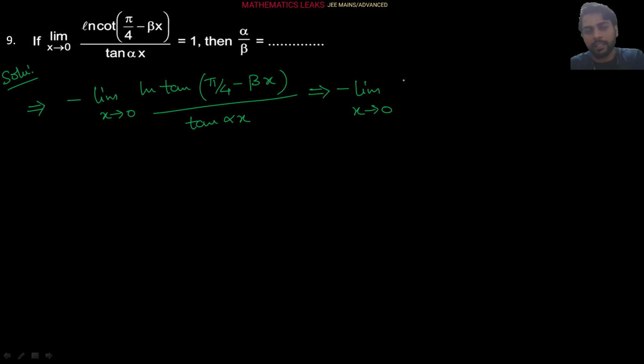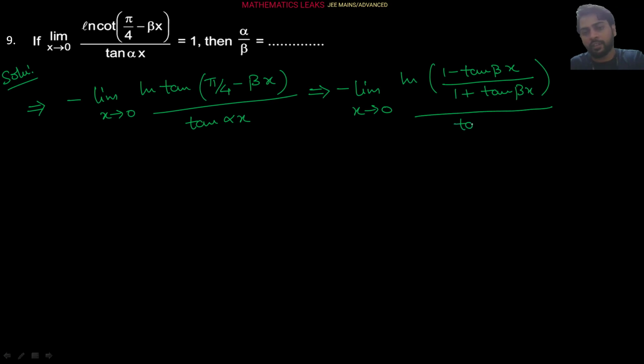So that is coming here: ln of 1 minus tangent of beta x upon 1 plus tangent of pi by 4 into tangent of beta x. So tangent of pi by 4 is 1 here, tangent of beta x, right? Upon tangent of alpha x, right?